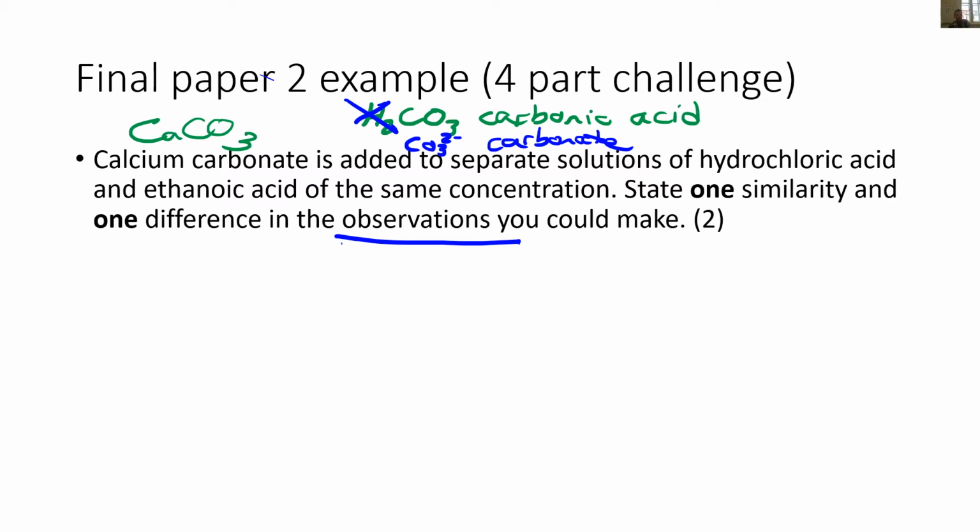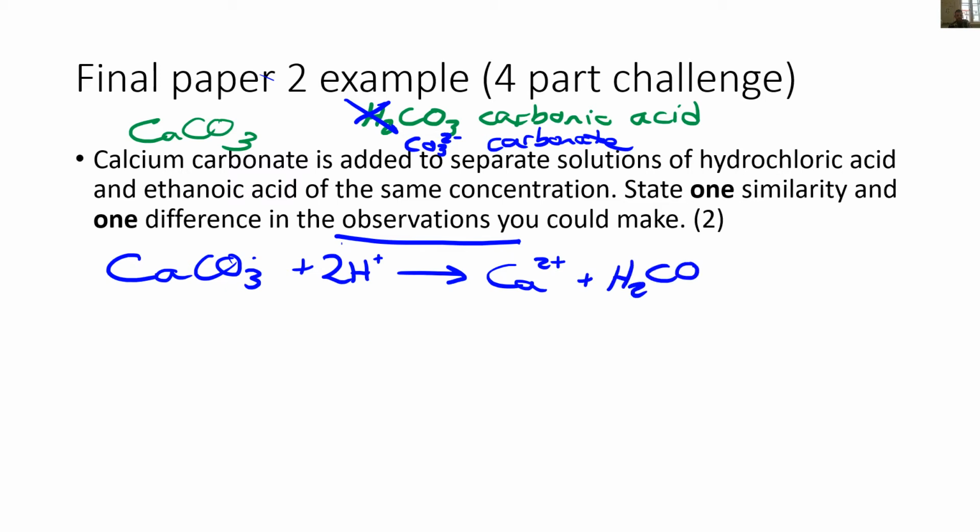So what I do know is this: CaCO3 plus 2 H pluses gives me Ca2 plus and H2CO3. And also H2CO3 goes back and forth to H2O and CO2.